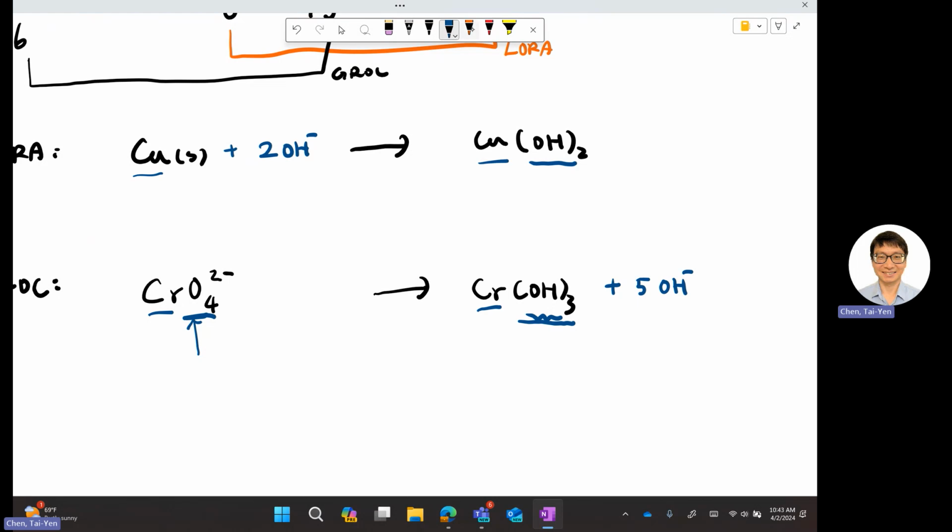To account for the missing hydrogen and oxygen, you need to add H2O. What you need to add is 4 of them. By doing that, you balance both your oxygen and hydrogen for your G-Rock. After you do that, all the atoms are balanced. Then we can move on to step number 3 to discuss the charges.